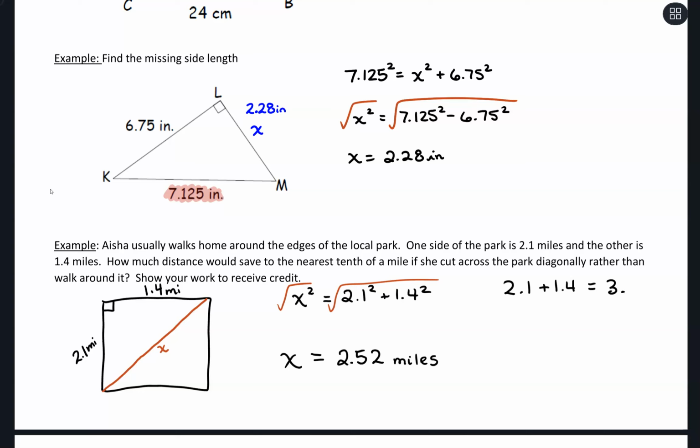So usually she's going 3.5 miles, but now the new distance is 2.52 miles. So what we could do is really it's a difference of about 1 mile. Wow, that's a big park. So that saves a good amount of distance, about 1 mile shorter to go diagonal as compared to going around the park.